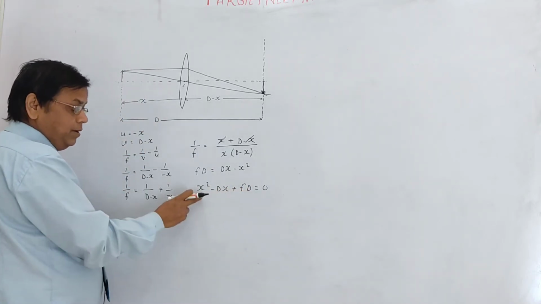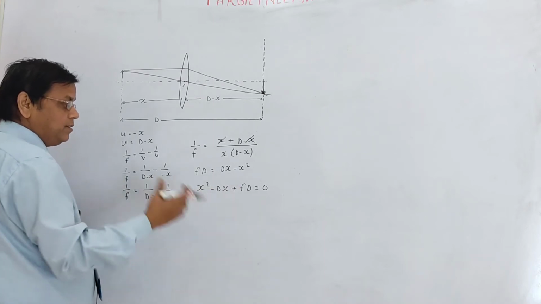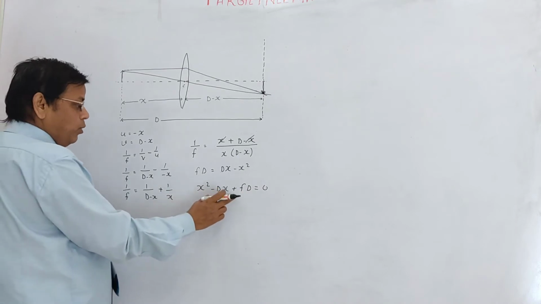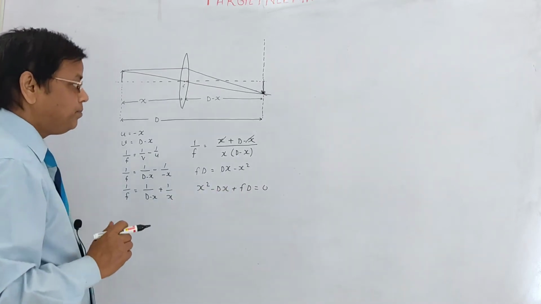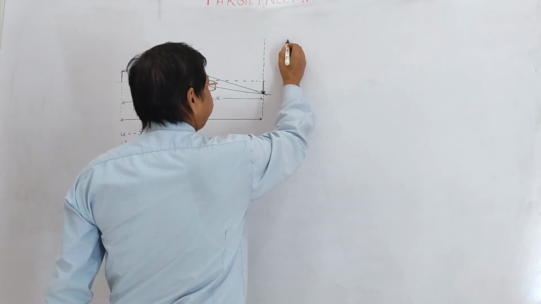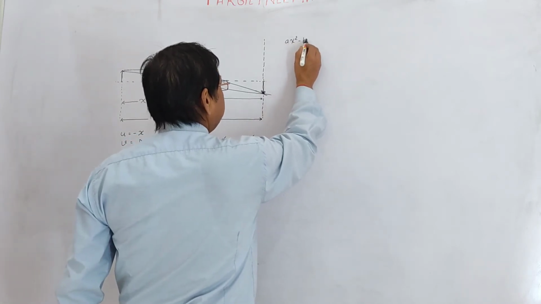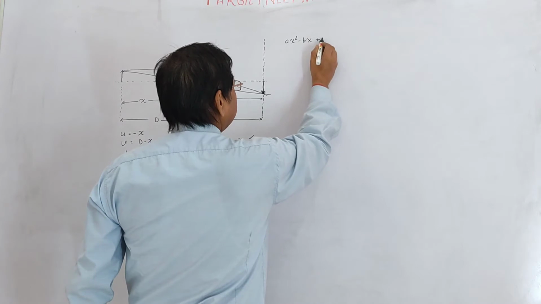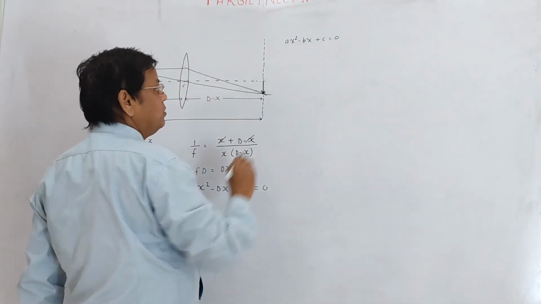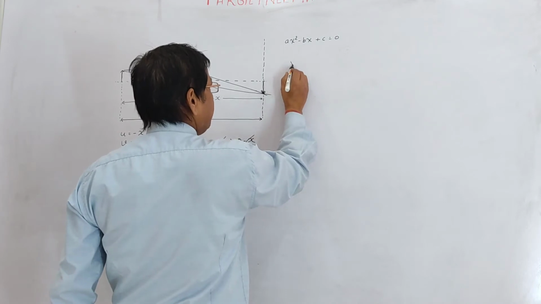For roots to be real, in case of a quadratic equation, the discriminant should be either equal to 0 or more than 0. What will be the discriminant here? In a quadratic equation, you know, ax square minus bx plus c is equal to 0. This is a kind of quadratic equation. So what is the discriminant?